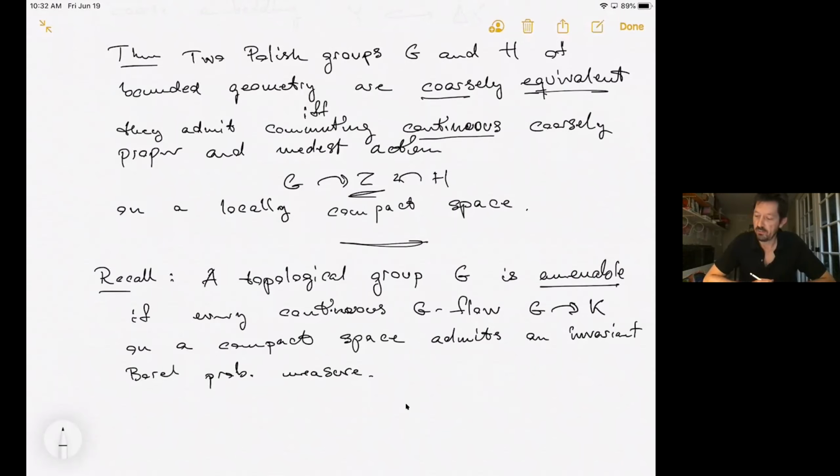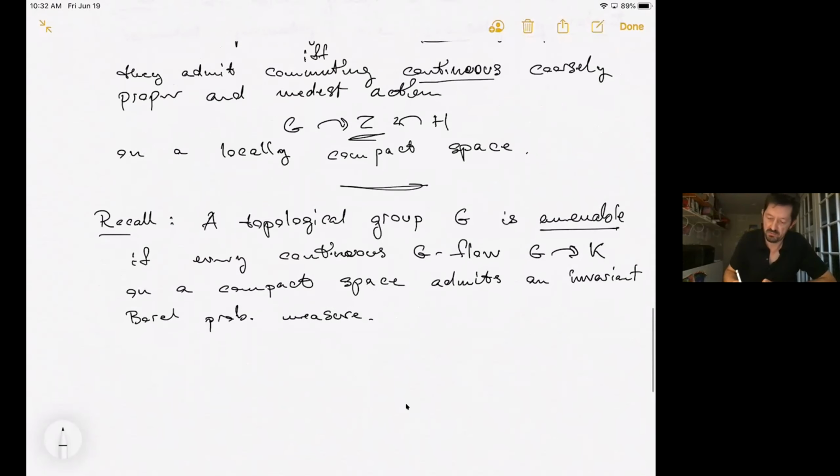Now, there are oceans of reformulations of amenability. In particular, perhaps one of the most useful is that if G is locally compact, this can be reformulated in terms of an isoperimetric criterion on the topological group itself.